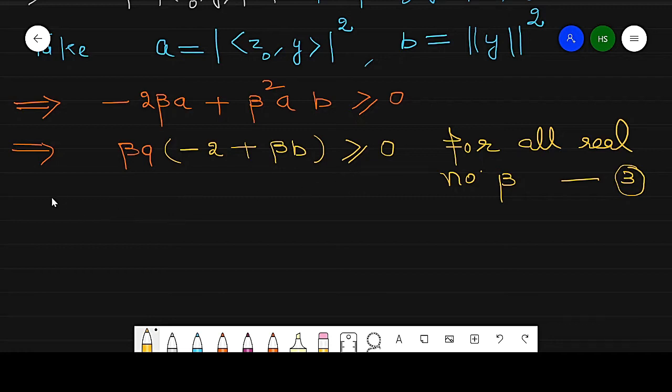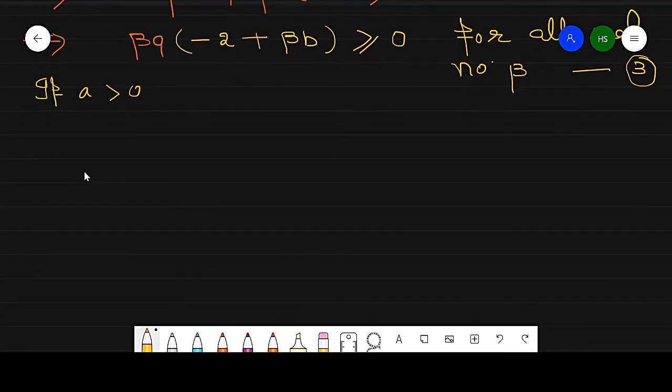Now if A is greater than 0, the result is obviously false for all sufficiently small positive beta. So our aim is to prove that this result is equal to 0. Clear? So this is my aim.